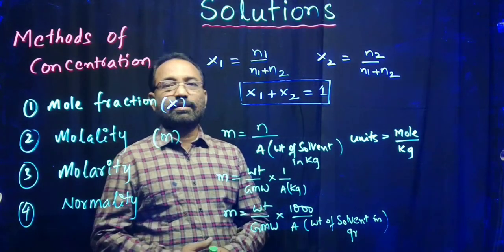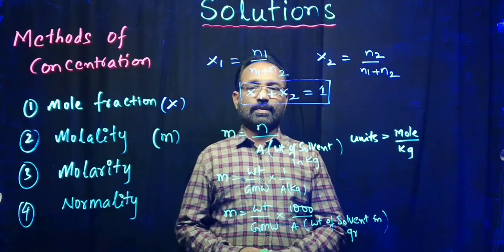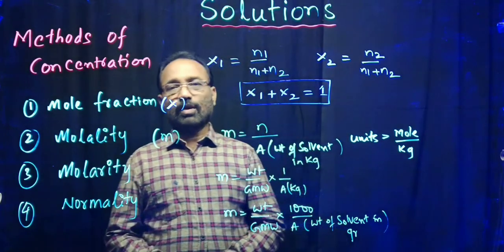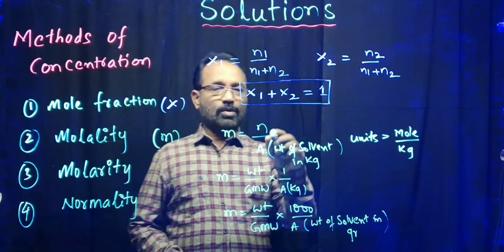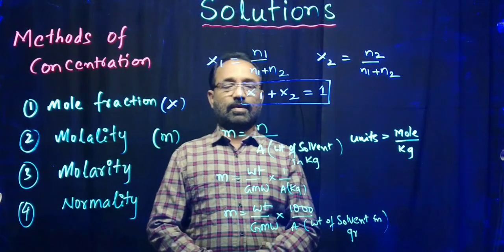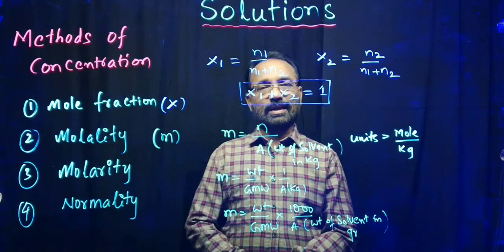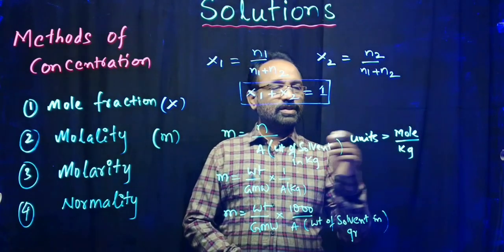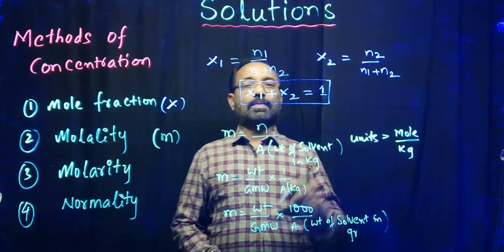Now molality is expressed by small m. What is the molality? The number of moles of a solute present in 1 kilogram of a solvent is called molality. The units of molality are moles per kilogram.